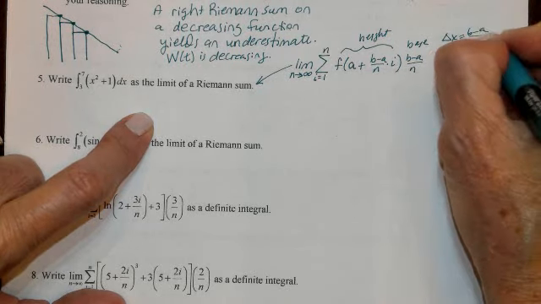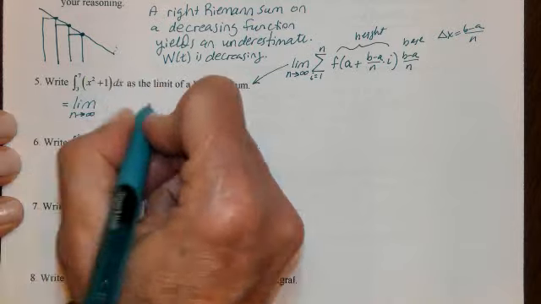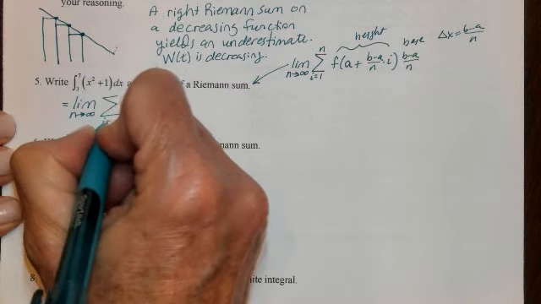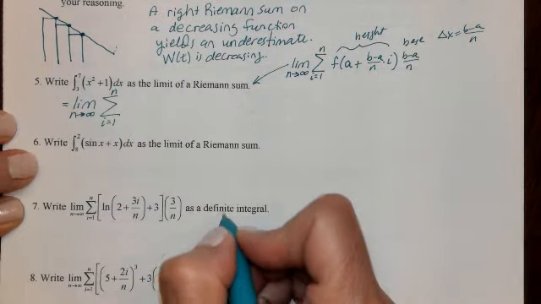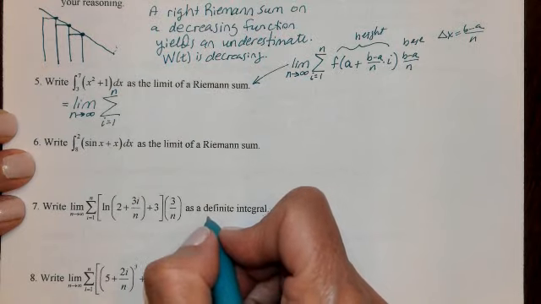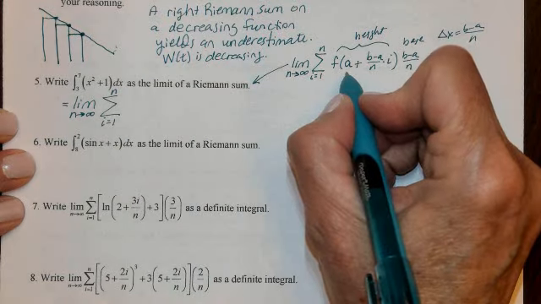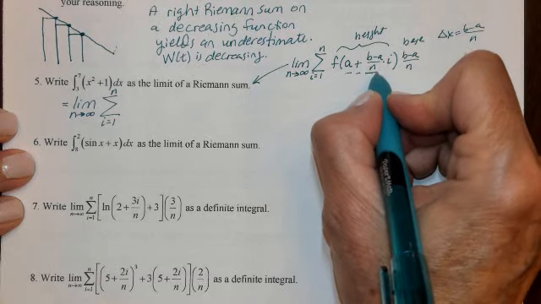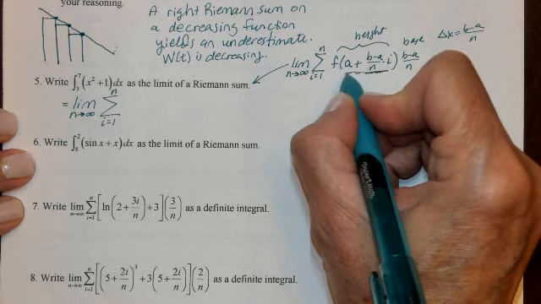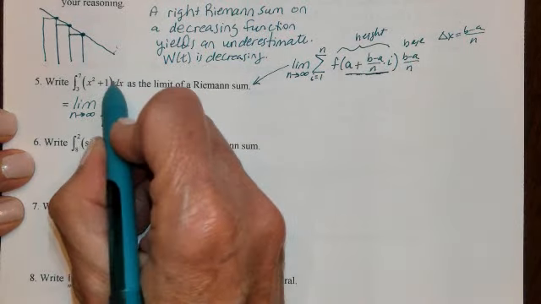So let's write this out. Limit, n goes to infinity, sum, i goes from 1 to n, the number of rectangles. Okay, we're putting a plus b minus a over n times i in for x.